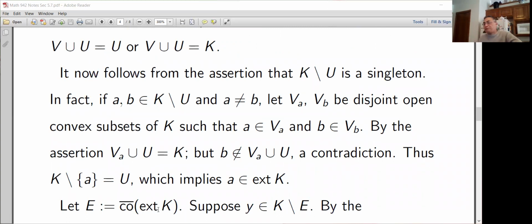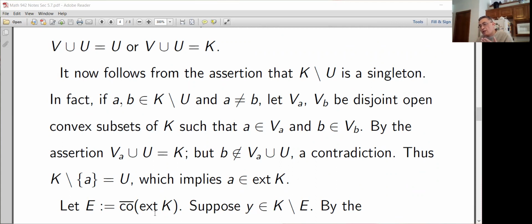Okay. So let E be defined as the closed convex hull of the extreme points of K. We want to show that this contains the whole K. We prove this assertion by contradiction.